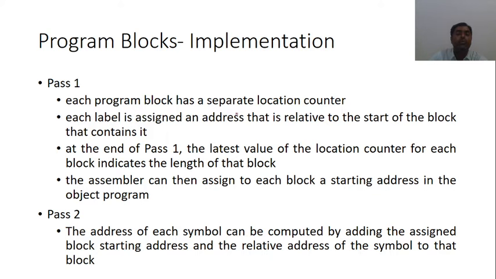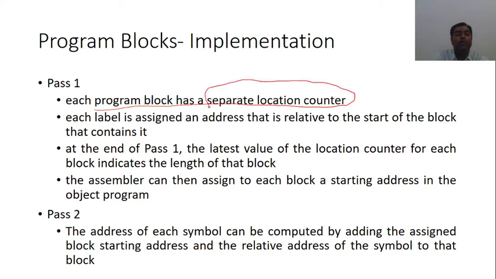Now, what will be the changes in the pass 1 and pass 2 algorithm of the assembler? The task of pass 1 and pass 2 is the same. In pass 1 we have to define the symbols, and in pass 2 we have to calculate the object program, or object code. In pass 1, each program block has a separate location counter.